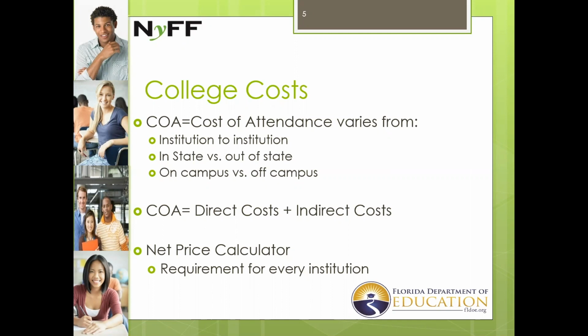The cost of attendance equates to direct costs plus indirect costs. So direct costs are made up of items such as tuition, fees, books, uniforms, items that you pay the school directly. That is considered direct costs.